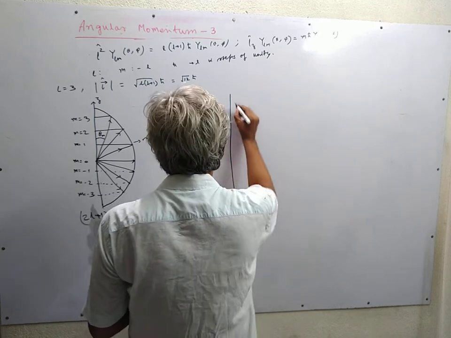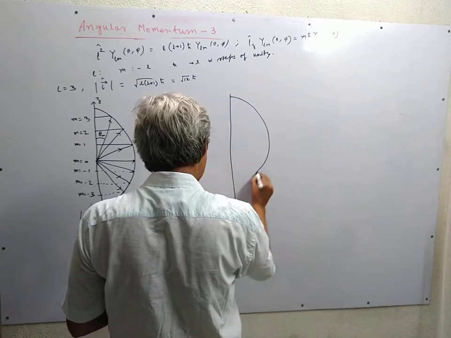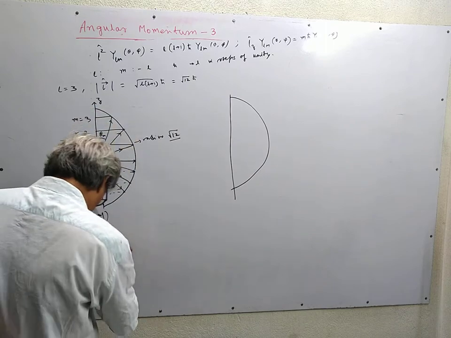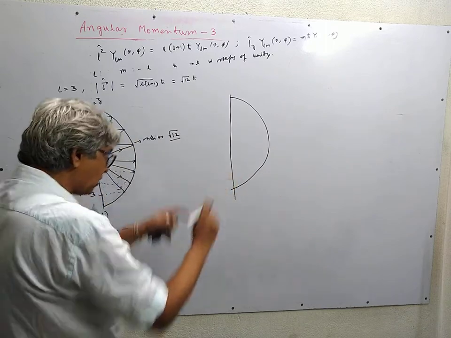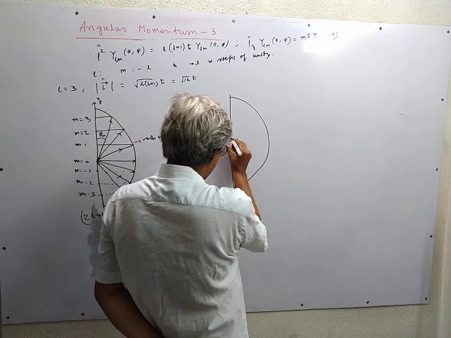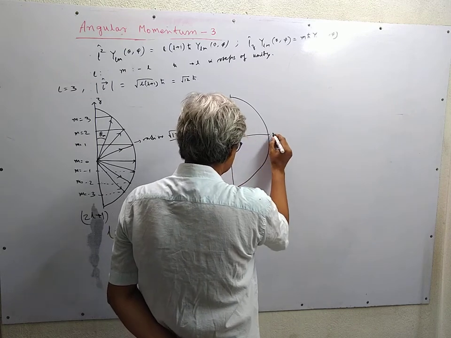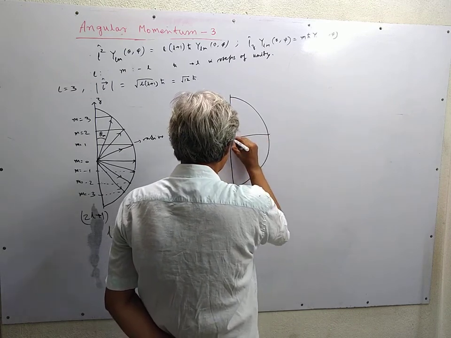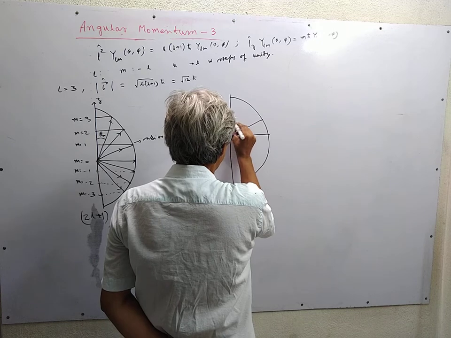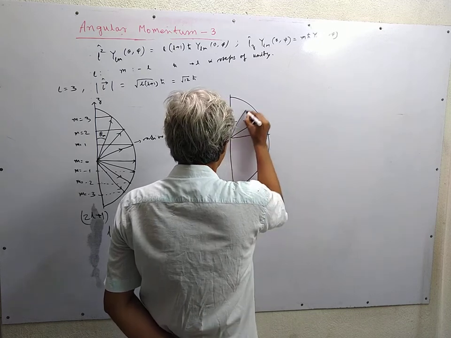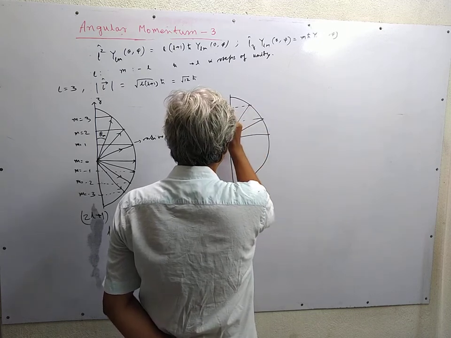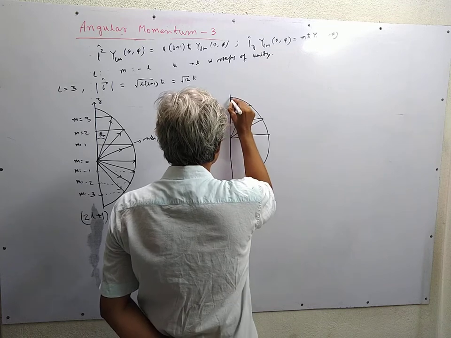If we have l equal to 3 again, the projections are 0, 1, 2 and 3.